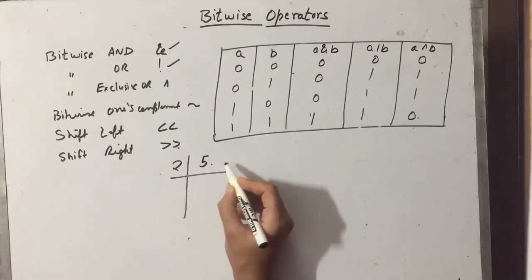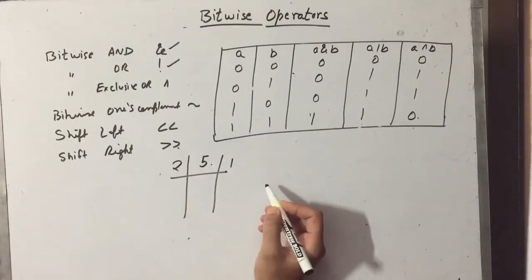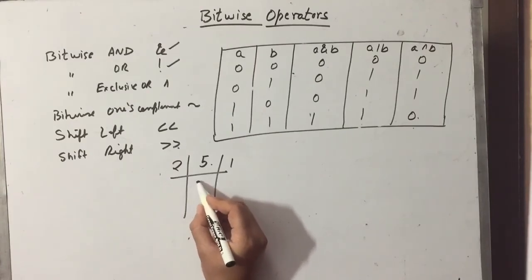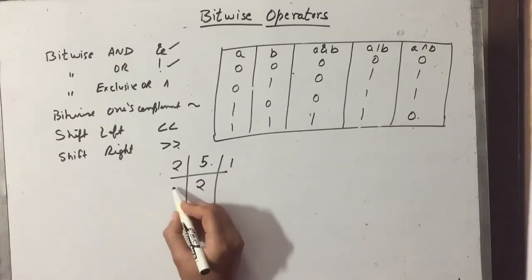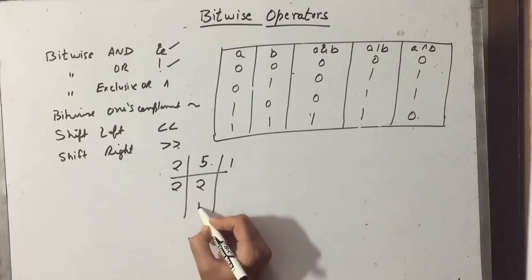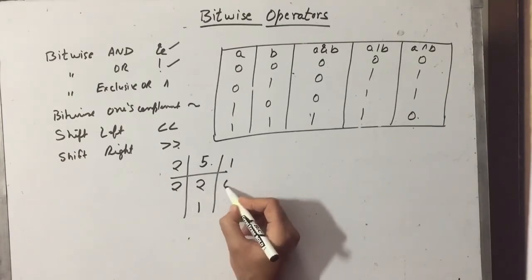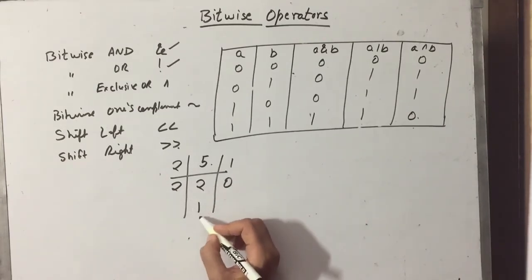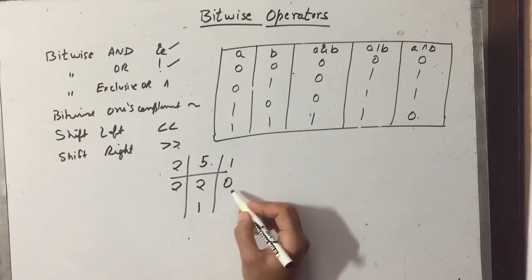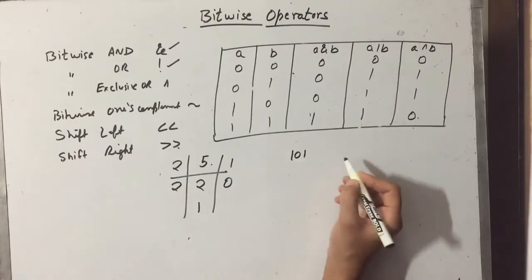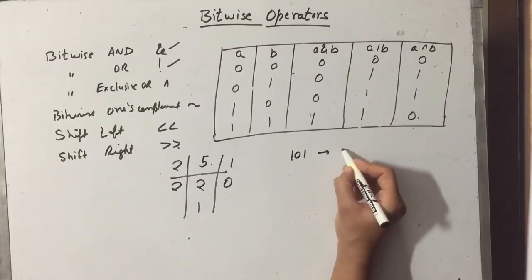So 2 2s are 4 and the value left behind is 1. 2 2s are 4 and 1 is left behind, and 2 1s are 2, so nothing is left, it is 0. Okay, so the expression is 101.